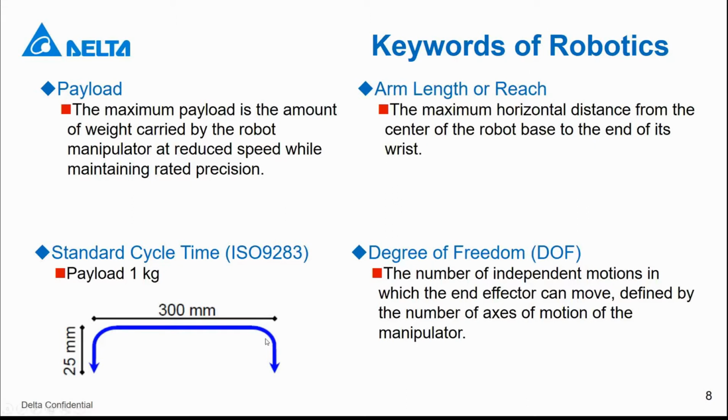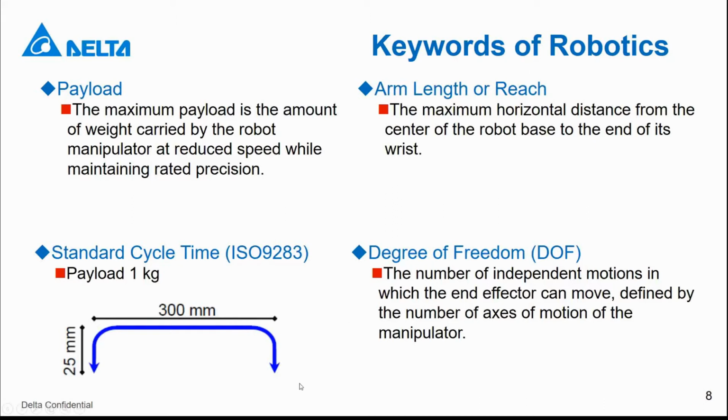And then the next one is standard cycle time. This is so important for a robot because when we use a robot, usually we want fast speed. So this is also a spec of the robot that tells us how fast it is. It is even standardized in ISO 9283, which defines a path where the robot goes vertically up 25 millimeters, moves horizontally 300 millimeters, and then goes vertically down 25 millimeters again.